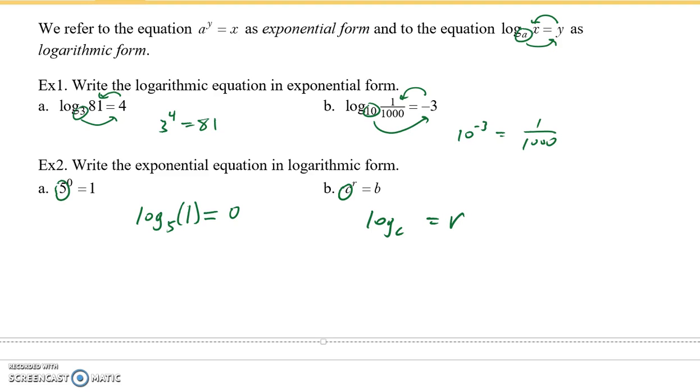Okay, that means the only thing left is to put b right here. Log base c of b is equal to r. And if we check by using the little circle trick I showed you, c to the r equals b, it takes us right back to that exponential form that we started from. So that is how we can convert from logarithmic to exponential form, or vice versa.